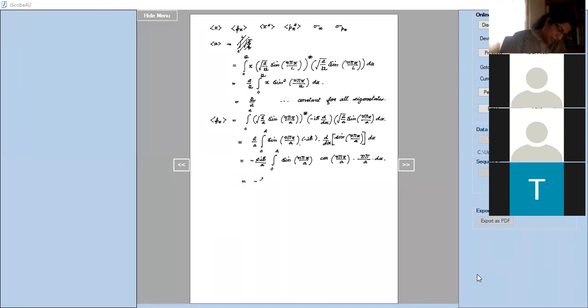So now let's take it out. So we'll get minus 2 i h cross by a into n pi by a, and then you have 0 to a, you have a sine n pi x by a, you have a cosine n pi x by a dx. Kindly do this integration. Tell me what you get.